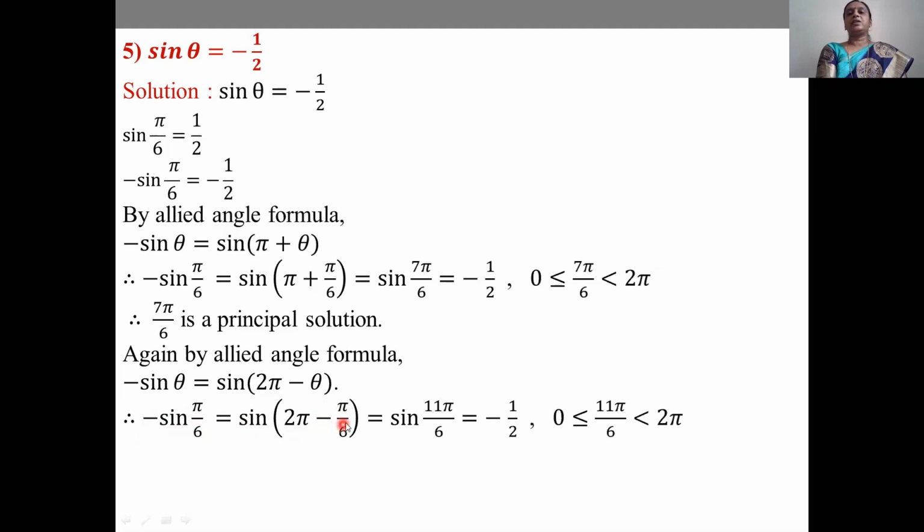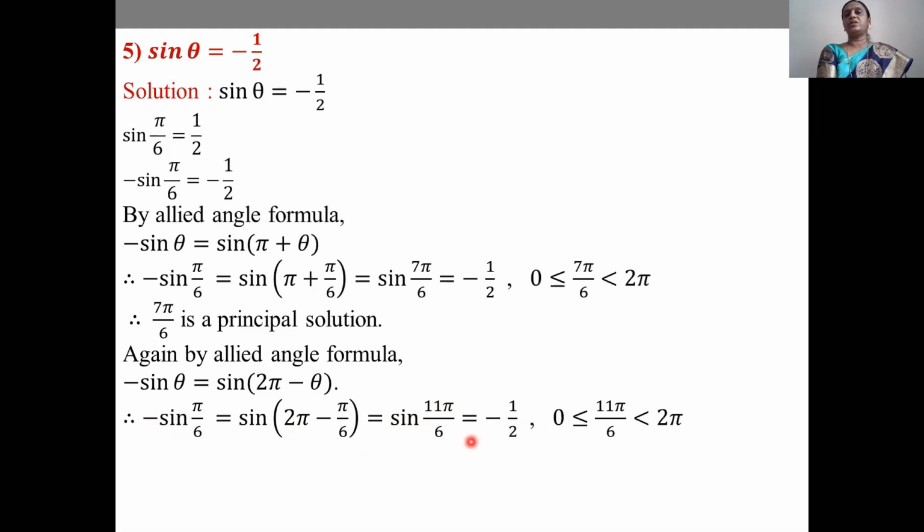After simplification, this is the angle of 11 pi by 6. Now minus sine pi by 6 and sine 11 pi by 6 are equivalent. Therefore, keep the value of minus sine pi by 6 as minus half here. Means at the angle 11 pi by 6, we again get the value of sine theta as minus half. This is our second principal solution.